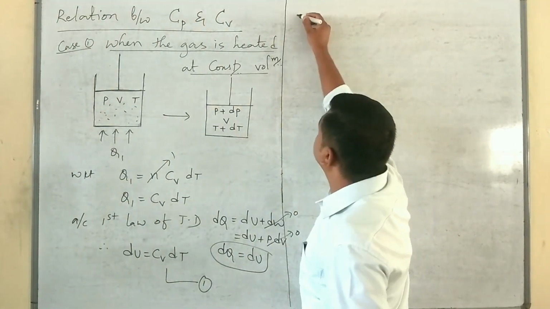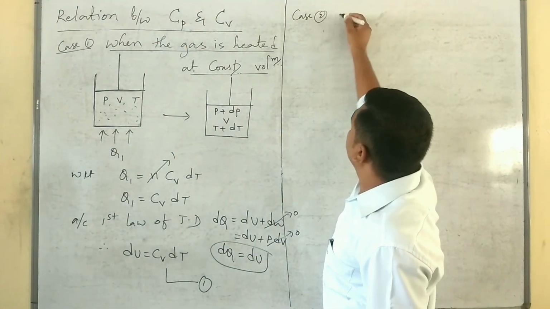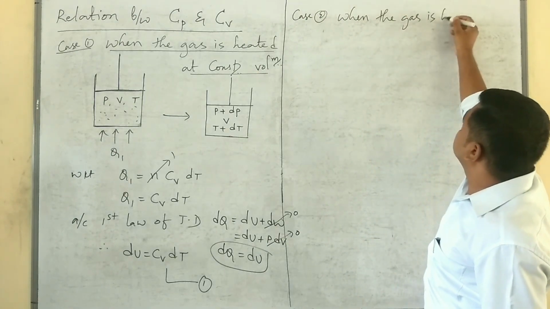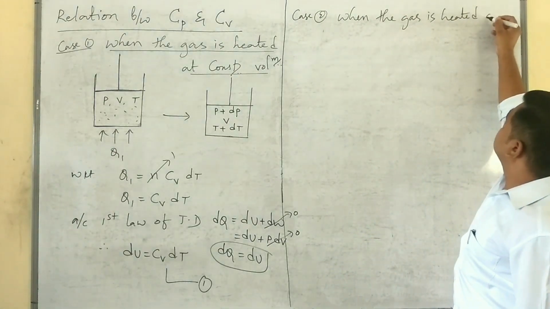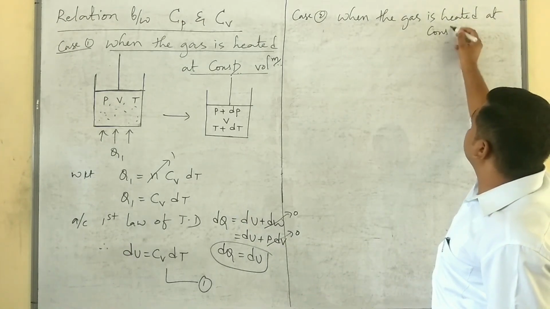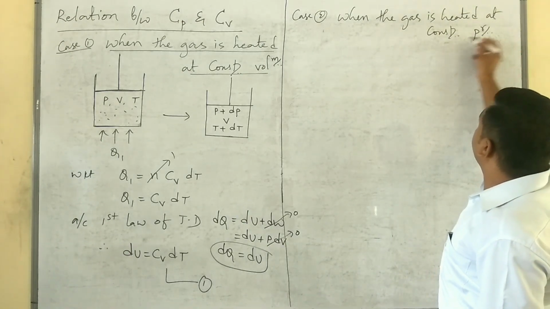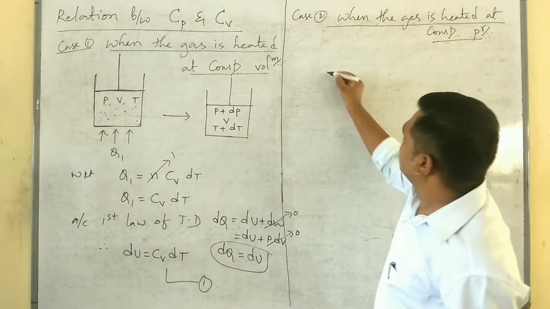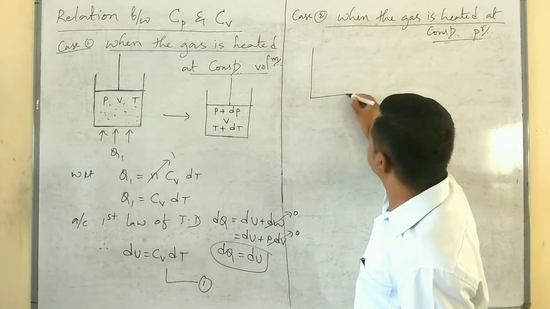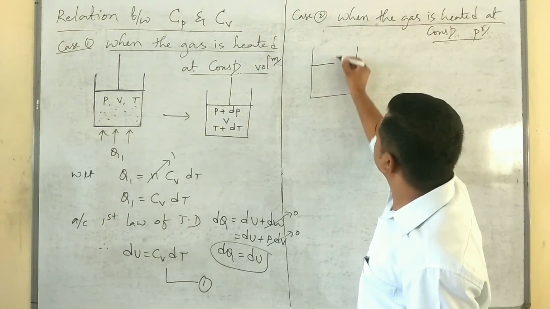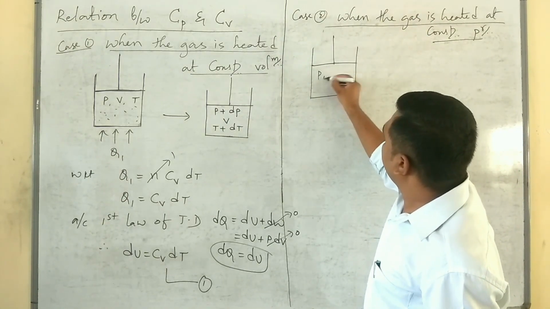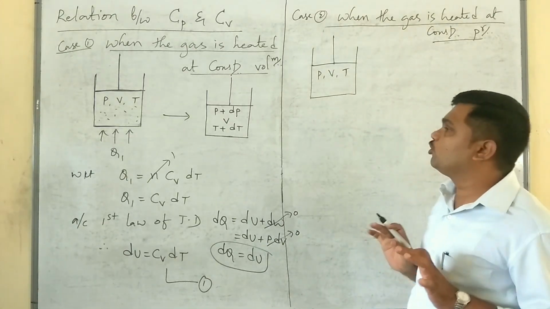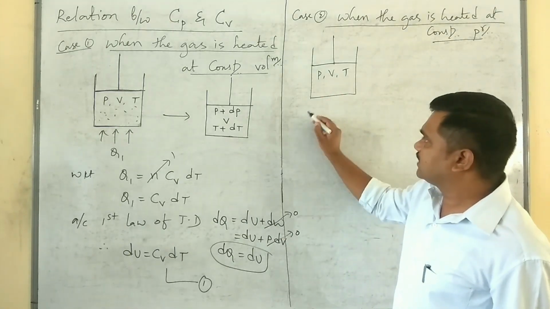Next, case 2. When the gas is heated at constant pressure, by keeping pressure constant, we are heating the gas, in case 2. So let P, V and T be the initial pressure, volume and temperature respectively of the gas.